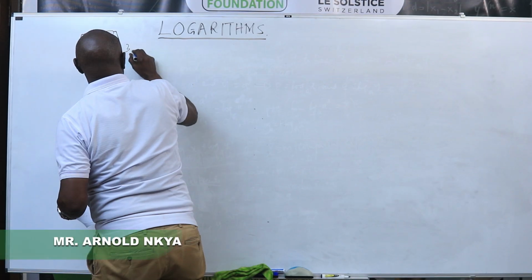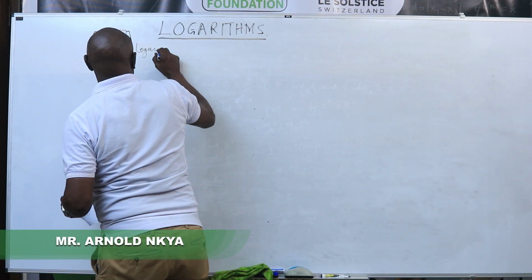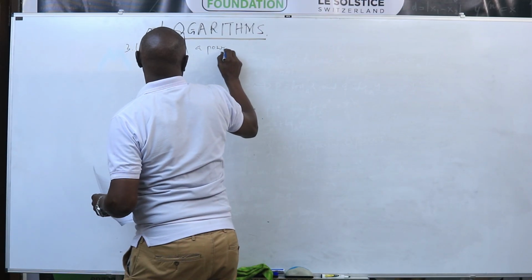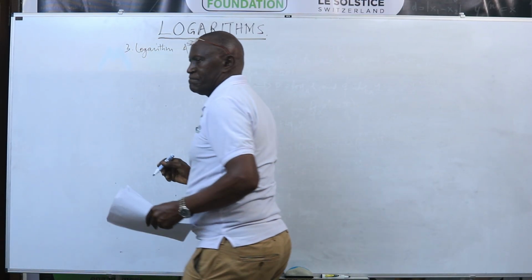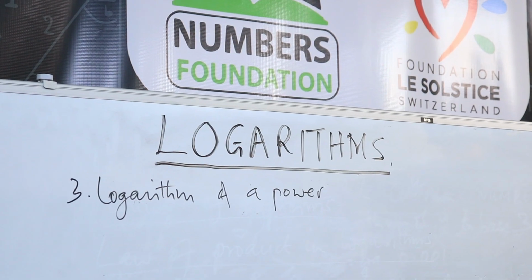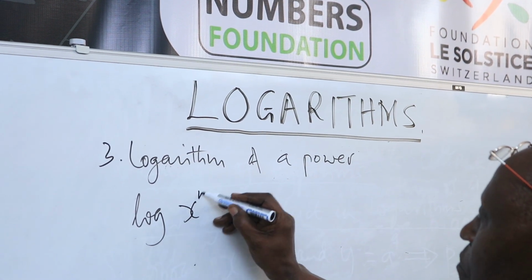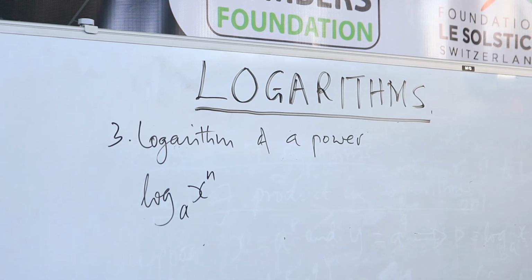Number 3, logarithm of a power. Here we are going to look into the logarithm of x exponent n to base a.